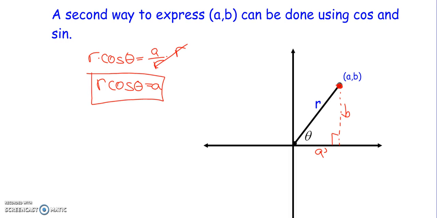We now have a way to relate a to theta and r. Similarly, we could use sine theta to be the ratio of opposite over hypotenuse, b over r. And an even better way to write that, if I multiply both sides by r, is r sine theta is equal to b. So now I have a relationship. I can figure out b, I can figure out a. I have a relationship with r.